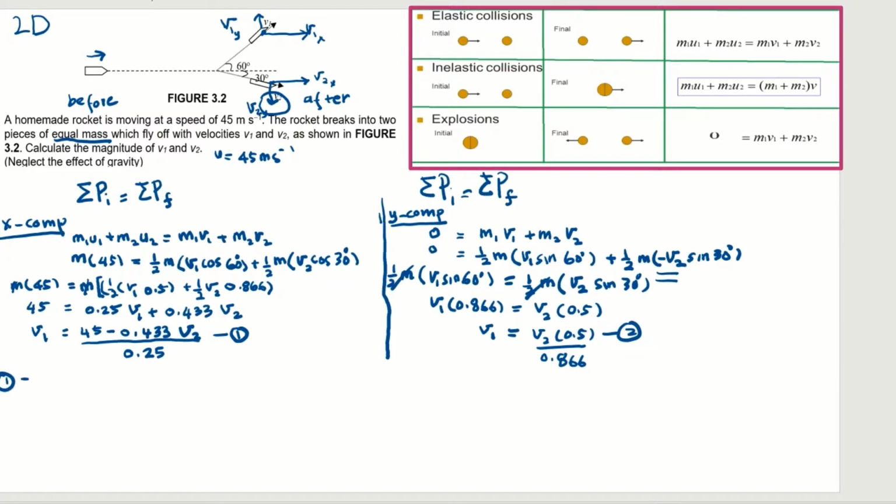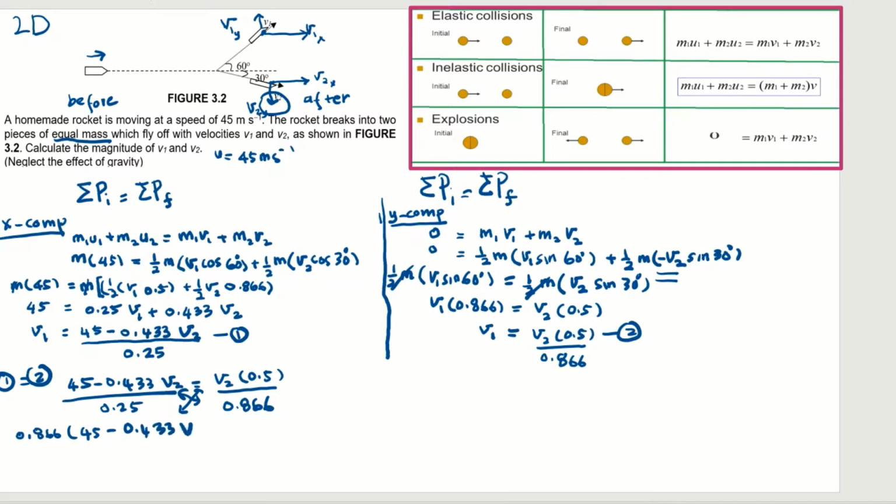Then you can substitute the ratio. Substitute mathematically, remember mathematics: 45 minus 0.433 v2, and v2 times 0.5 over 0.866, all divided by 0.25.